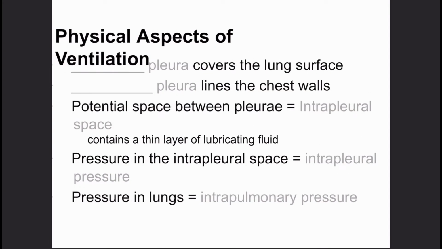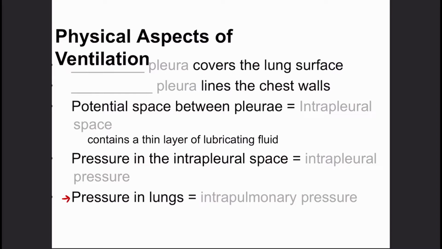So we just mentioned the intrapleural space with the visceral pleura and the parietal pleura. There is pressure in those spaces. First off, there is pressure in the lungs, and this is going to be important in breathing mechanics.